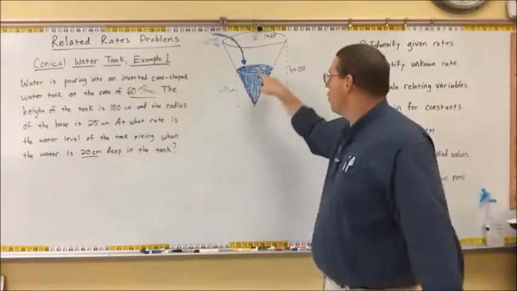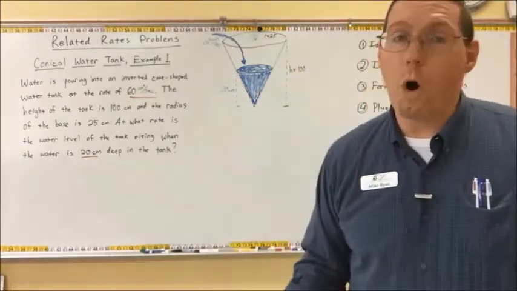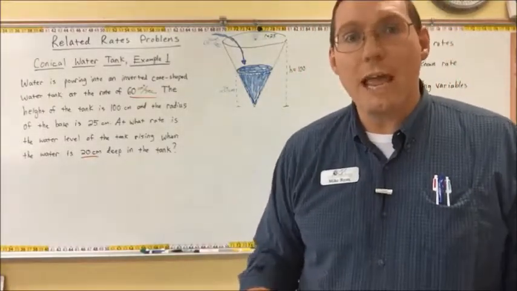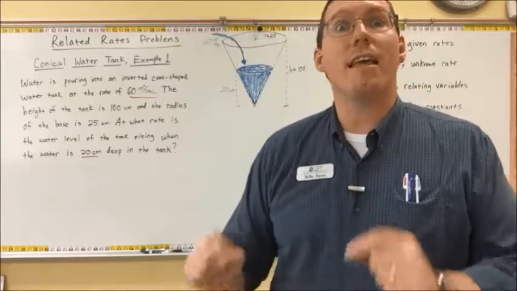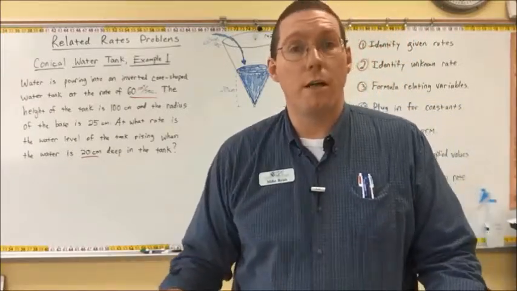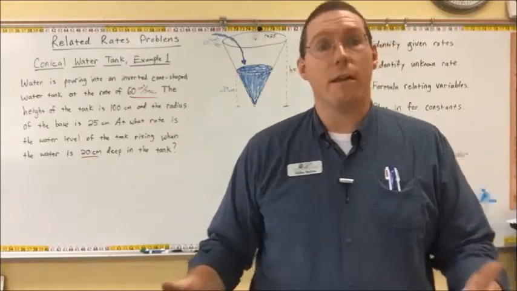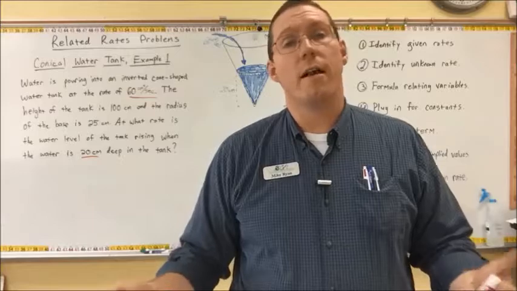We're going to be dealing with the cone of water that is in the tank. The reason the water is taking on a cone shape is because it is in a container that is cone-shaped. Water takes on the shape of whatever container it is in because water is liquid.